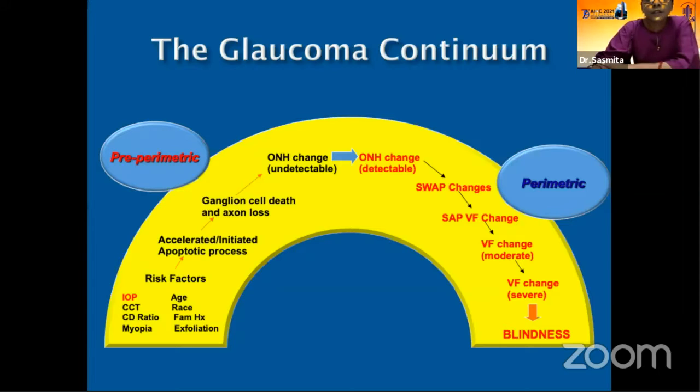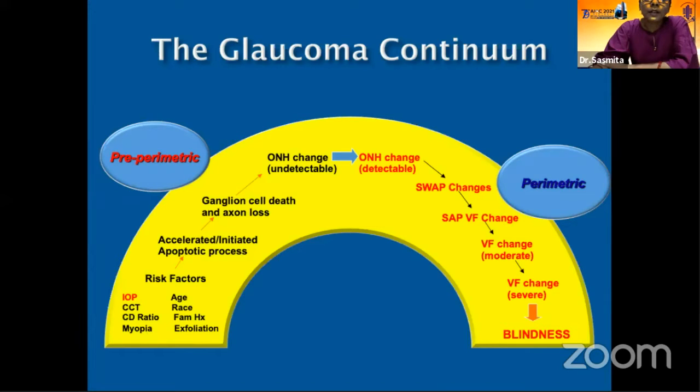So 40% of the ganglion cell death occurs before there are structural changes in the optic nerve head. Once the optic nerve head changes appear, there is some manifestation in the perimetry and it appears in the fields in the form of scotoma. So we need to diagnose glaucoma pre-perimetrically rather than at the stage of visual field when already 40% loss of axons has happened.